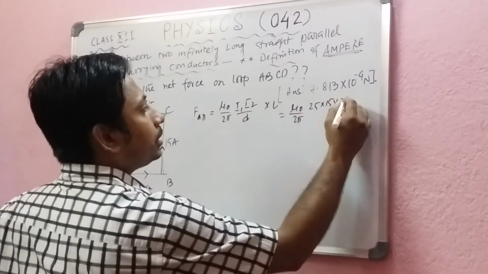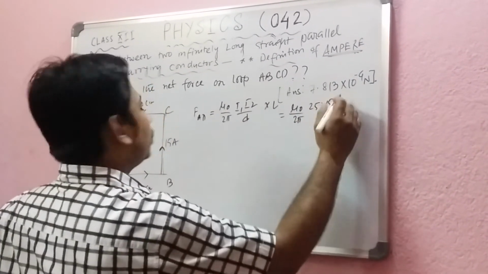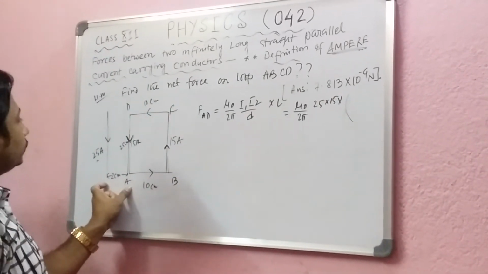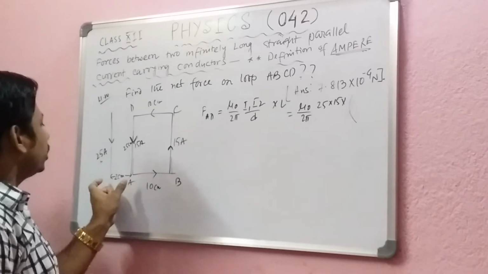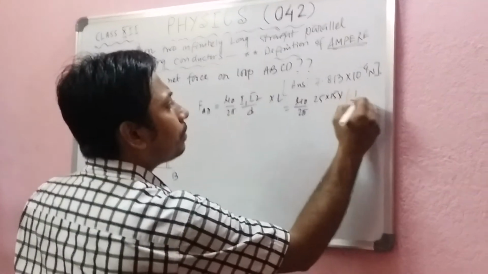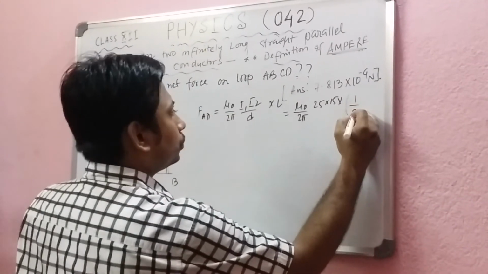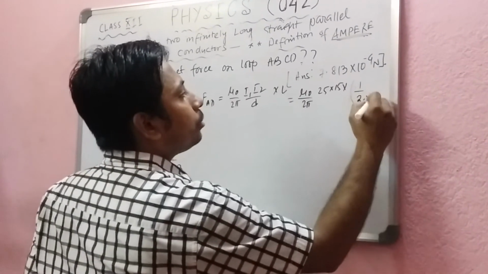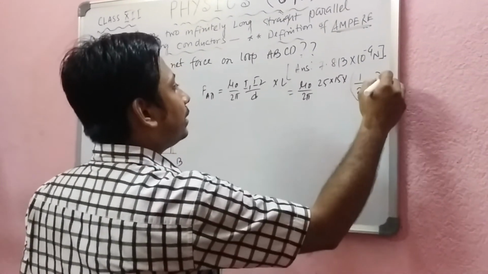And 1 by D, the distance here is 2 centimeter, so 1 by 2 into 10 to the power minus 2.